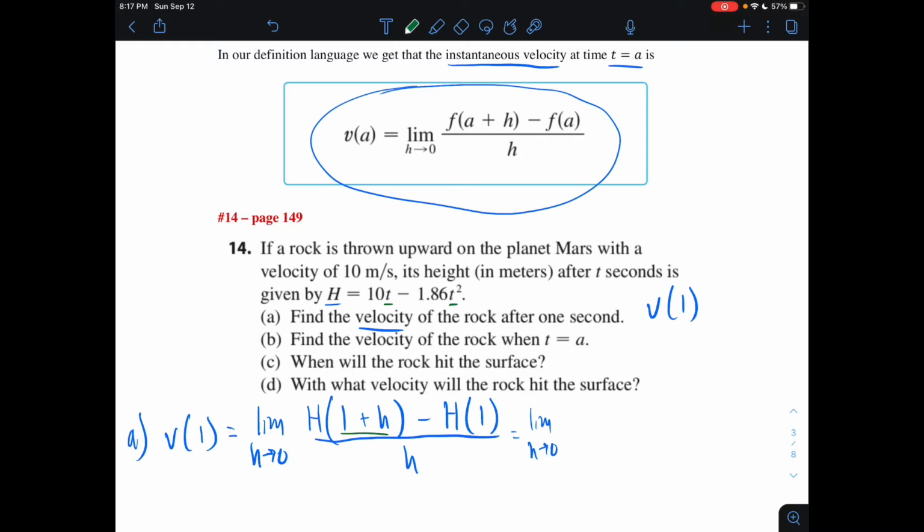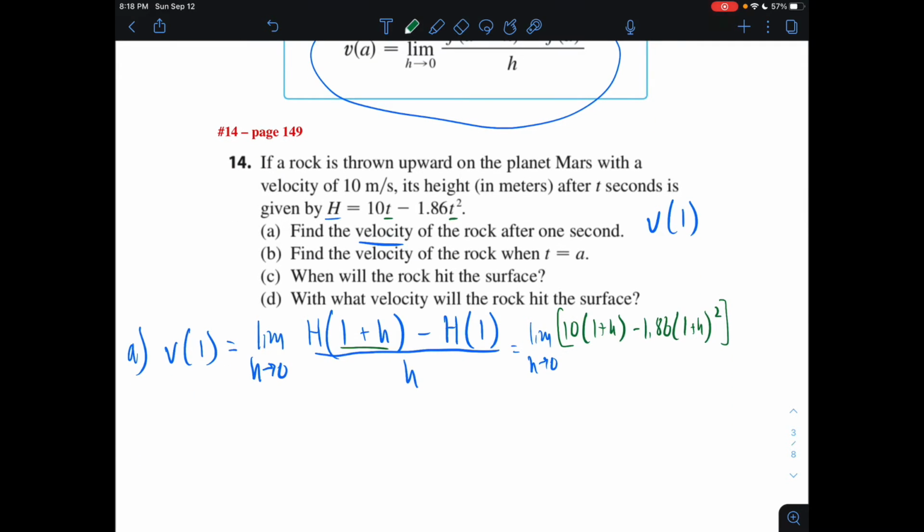So that would be 10 times 1 plus h minus 1.86 times 1 plus h quantity squared. So that's H of 1 plus h.